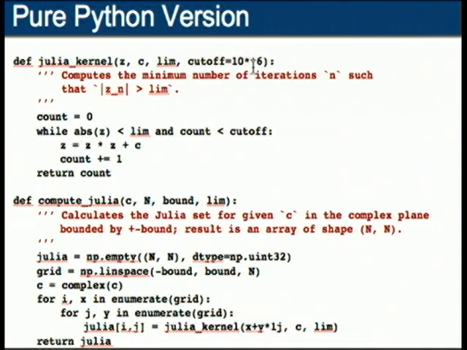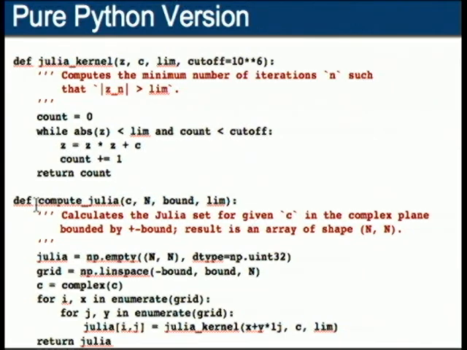We also have a cutoff just to make sure this thing doesn't keep going forever and never stops. Very simple. Count is initialized to 0. While the absolute value of z is less than limit and our counter is less than cutoff, you do an iteration and add 1 to count, and this finally ends with return count. So an extremely simple core computation.